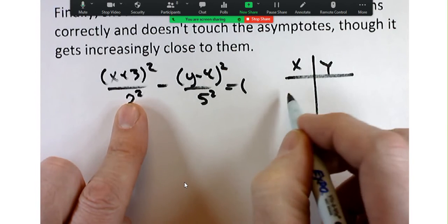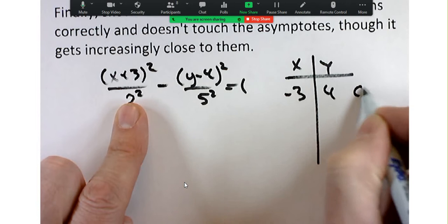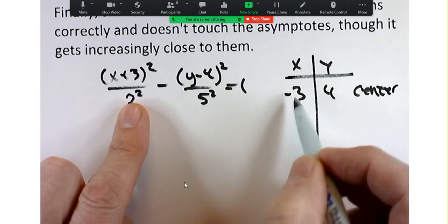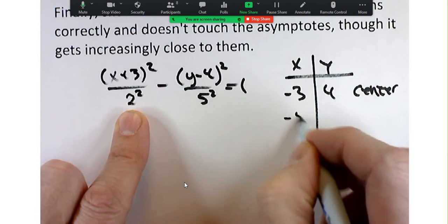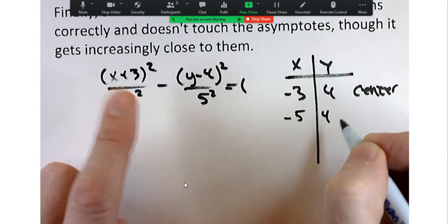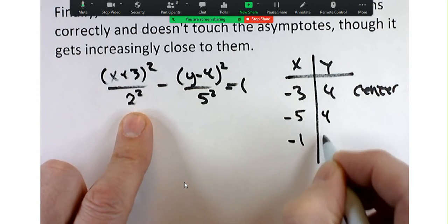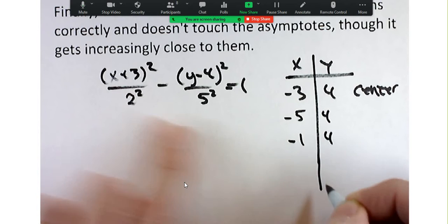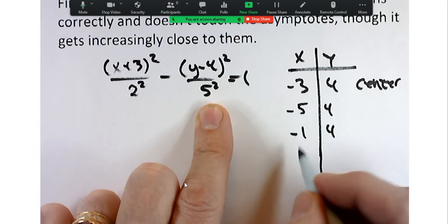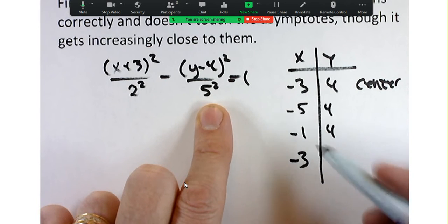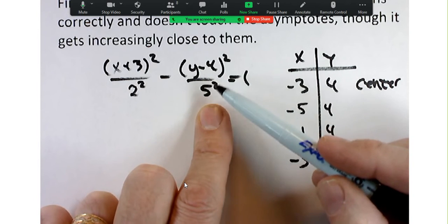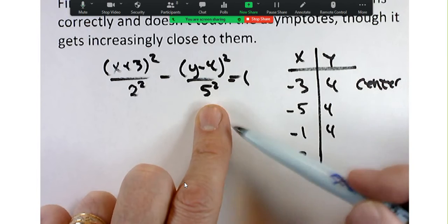So the center was -3, 4. If I move to the left by 2, I'm subtracting 2 from that. So that'd be -5 and 4. If I add 2 to that, that'll be -1 and 4. Now in the y direction, I'm going to start out from center. So it's -3, 4. But this time I'm going to add 5 and subtract 5.